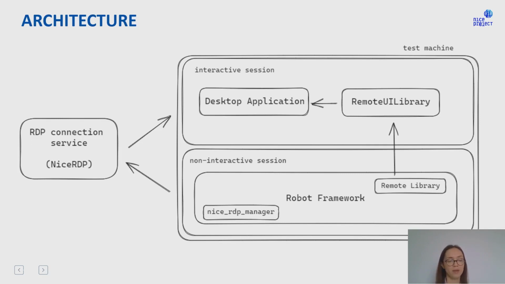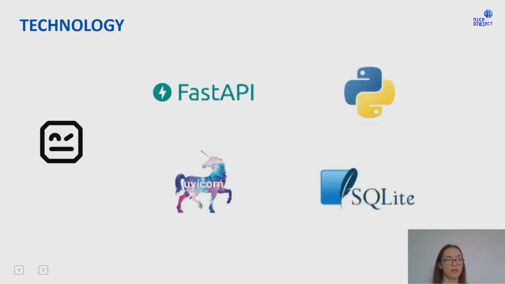In this step, we have understood the position and role of the RDP service within the entire solution for testing desktop applications. Now, I would like to shift our focus to NiceRDP itself, exploring its technology and functionalities. The NiceRDP service is written in Python and utilizes the FastAPI framework, which enables building APIs with Python.